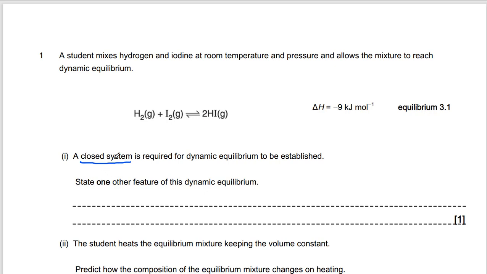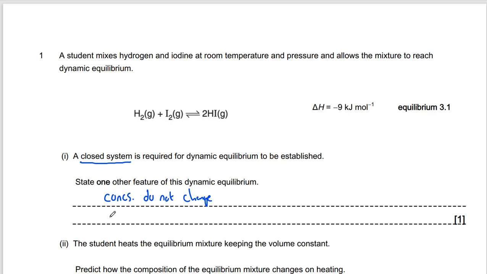Now, the main features of a dynamic equilibrium, there's just two of them really. Closed system is one, and the other one is that the concentrations don't change. Okay, so the concentrations do not change. That will be enough to get you a mark.